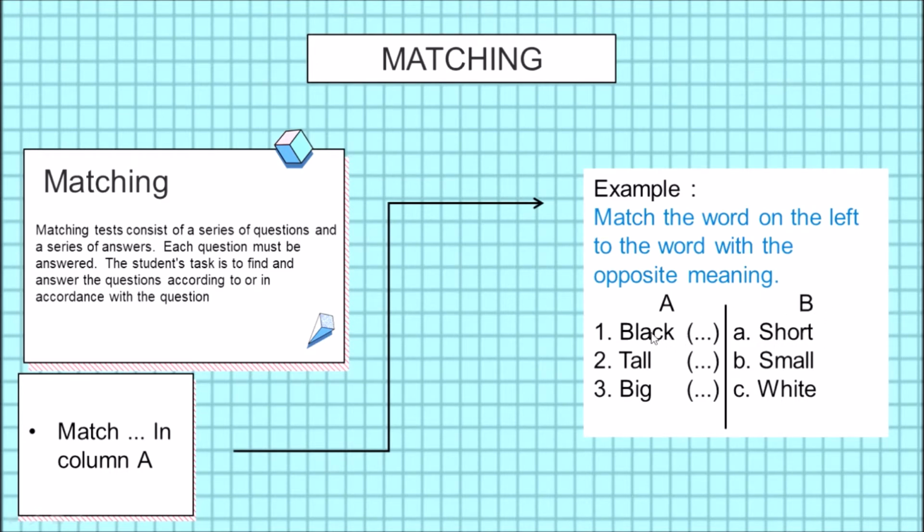So we have to find the opposite meaning of column A. The first one is black. The opposite meaning of black is C, white. Then tall is A, short, and the third, big, is small.